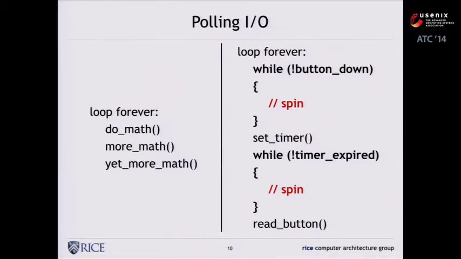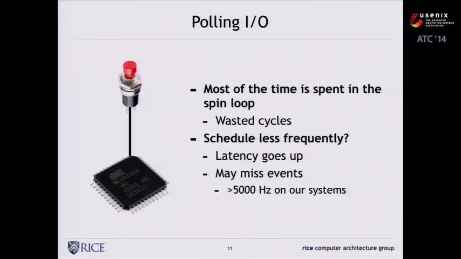The problem with this is these two sections in red here, where I'm just spinning around some condition. Most of the time, I'm spending in that loop. So I'm wasting a tremendous amount of CPU cycles just reading the same value over and over again from an I/O port. This becomes a pretty big problem, and it's catastrophic in practice.